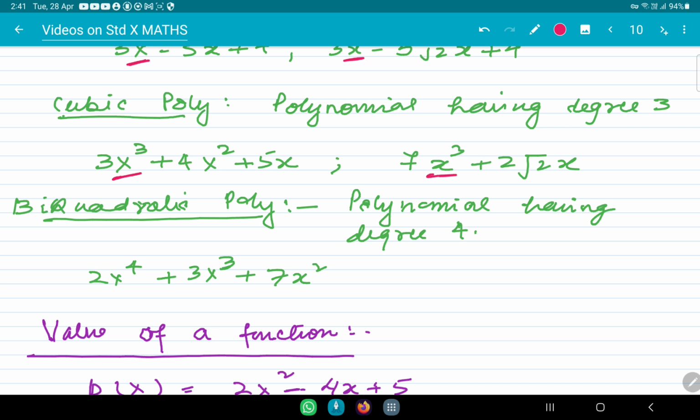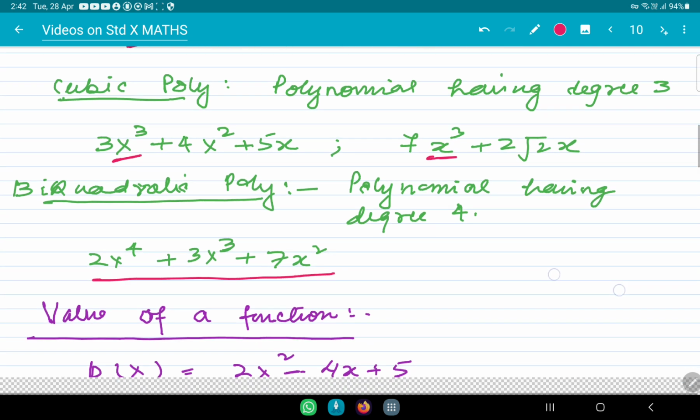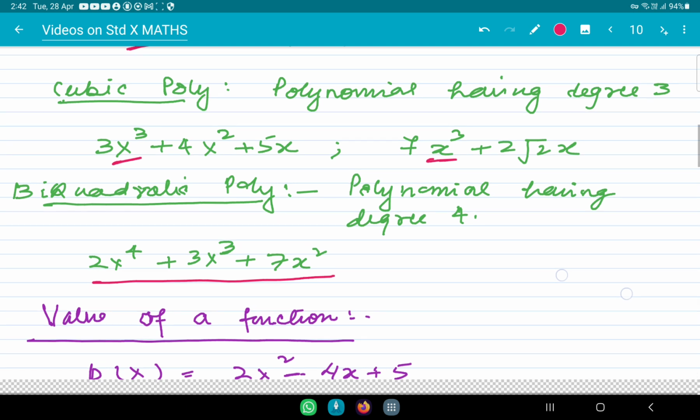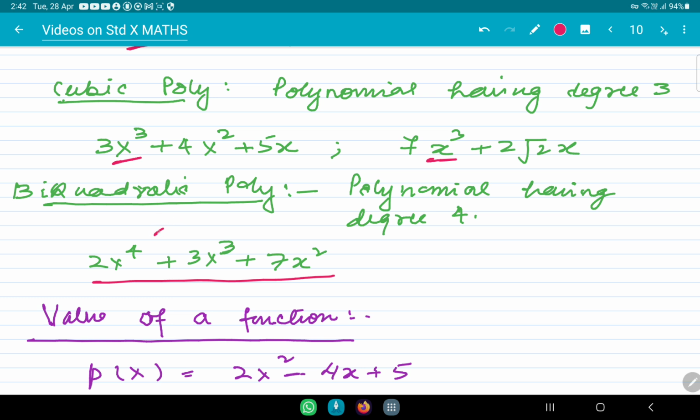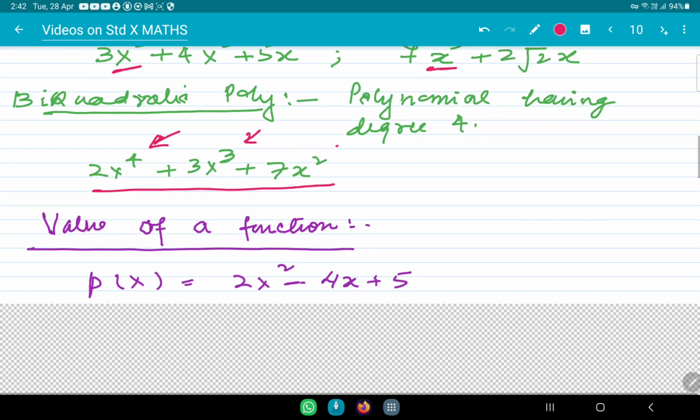And if it is biquadratic, the maximum power of the variable will be 4. So this is 2x^4 plus 3x cube plus 7x square. This is power of 4. And whenever you write a polynomial, it should be in standard form. What is the standard form of a polynomial? First write the maximum power of the variable, like x^4, then x cube, then x square, like this.